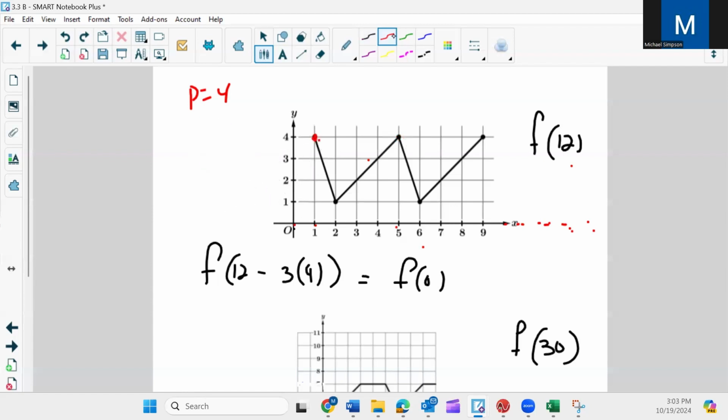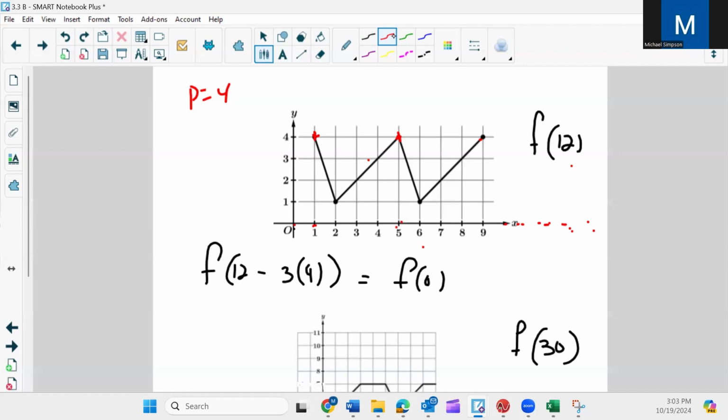these 2 points, this point repeats every 4 units. So we can think of this as a starting point and the end point of the period. This point occurs at 1, but it also occurs at 5 again. Watch this now.